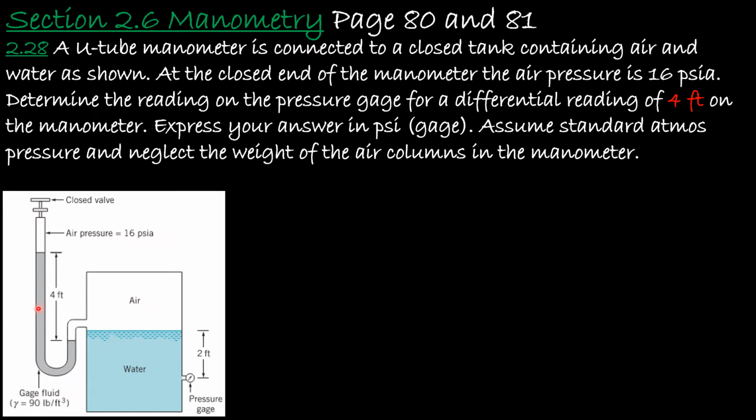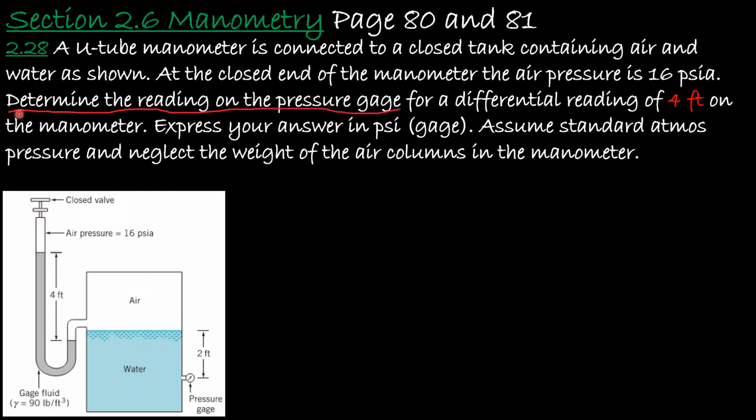So this is called the gauge fluid. This is the fluid that we use to gauge the pressure inside the tank that contains water and air. Express your answer in psi gauge. Assume standard atmospheric pressure and neglect the weight of air column in the manometer.